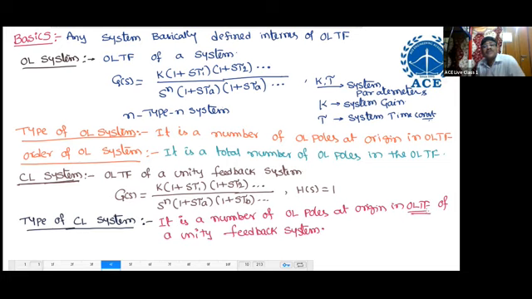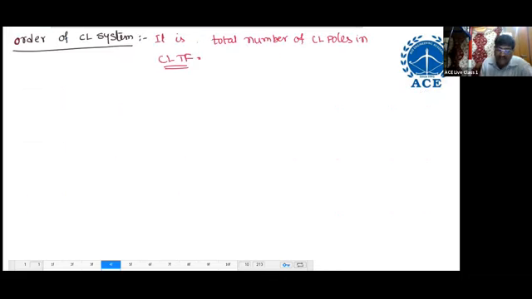But when the system is closed loop, that means feedback or H of S is mentioned, then for type you have to observe the open loop transfer function, and for order the closed loop transfer function. Okay? Next, we'll solve some problems so that it will become perfect.